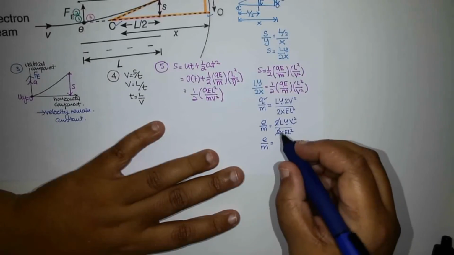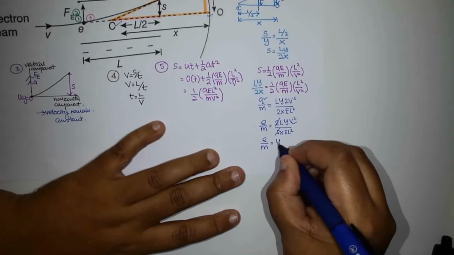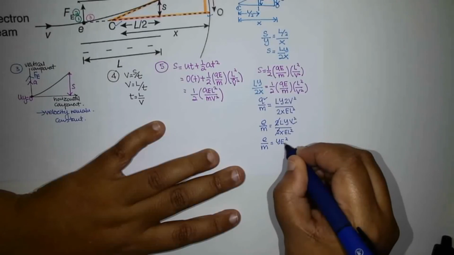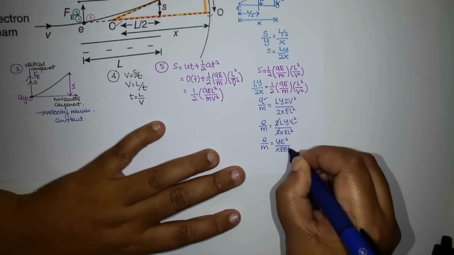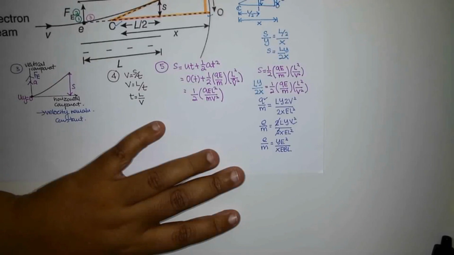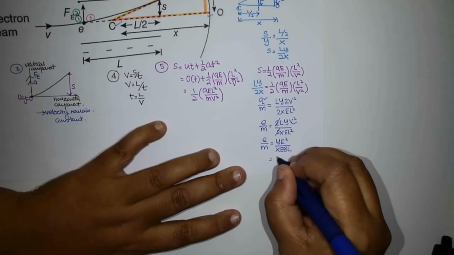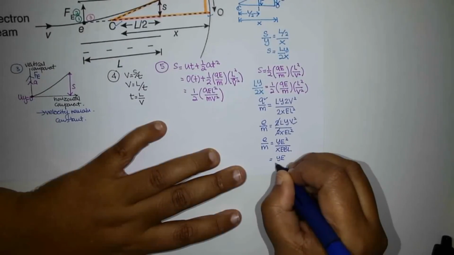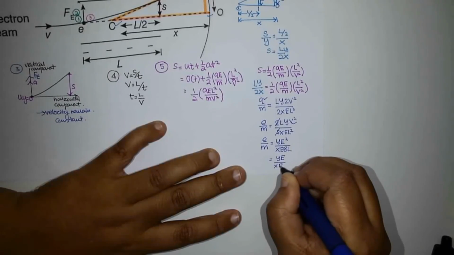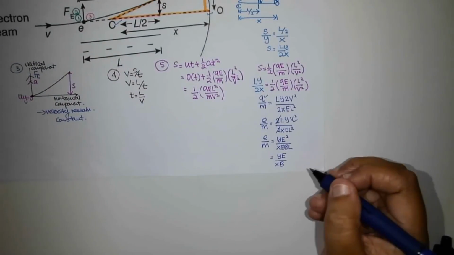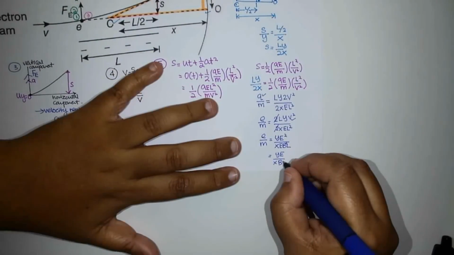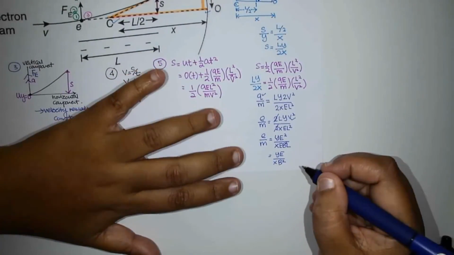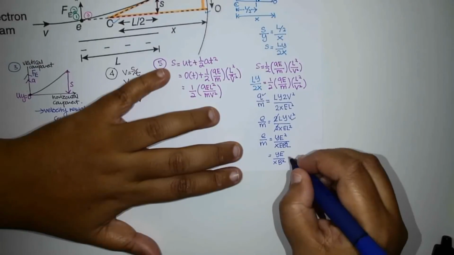L and L, so here we have y E square over x E B L. Then we can cancel the E, we will get y E over x B, wait, I forgot my square here, B square. And then we have one L here, so L.